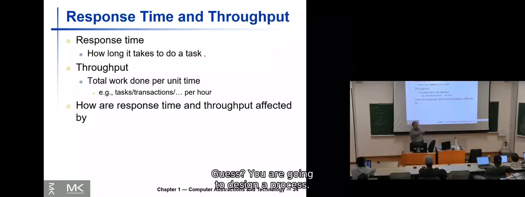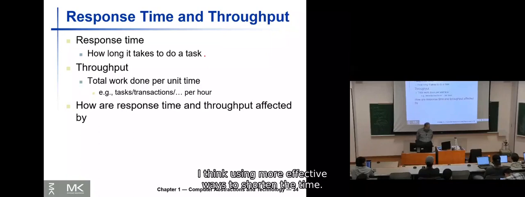Yes. You are going to design a processor. How would you do that? To make it less response time for the tasks, to make a faster processor. What do you do? Just a guess, yeah. I think using more effective ways to shorten the time and response.